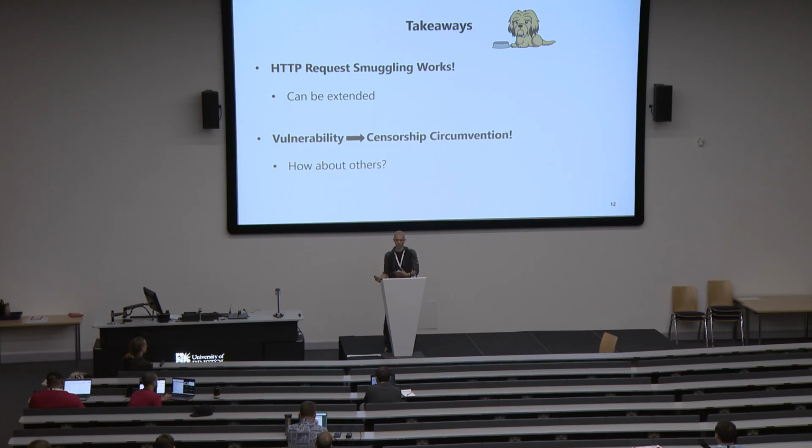And what we are kind of asking and hoping to find some discussion on is the question: are there other vulnerabilities which we can similarly turn into censorship circumvention techniques without having to start all over again with finding alterations and just starting a terminal and sending random requests through a sensor? So are there other vulnerabilities we can turn into censorship circumvention techniques?